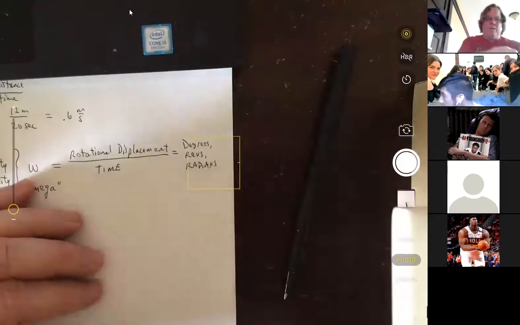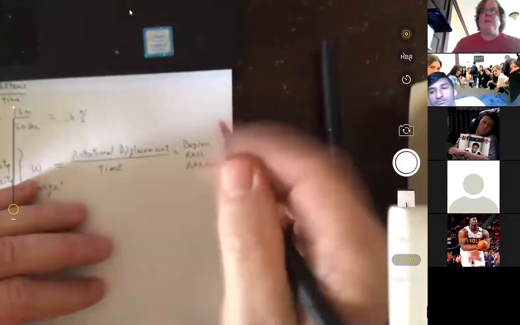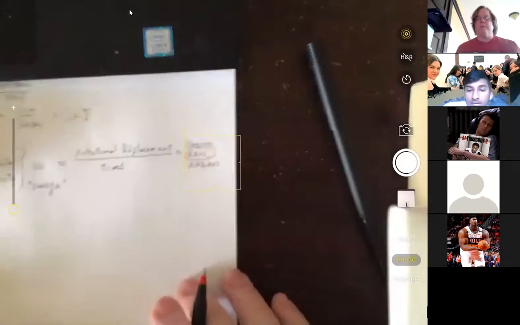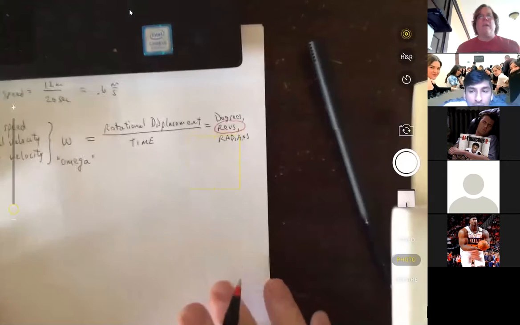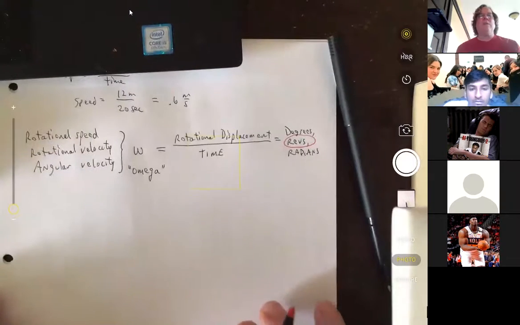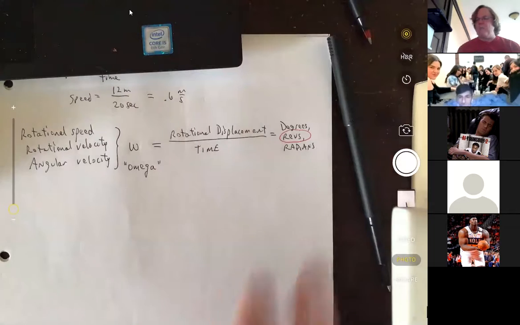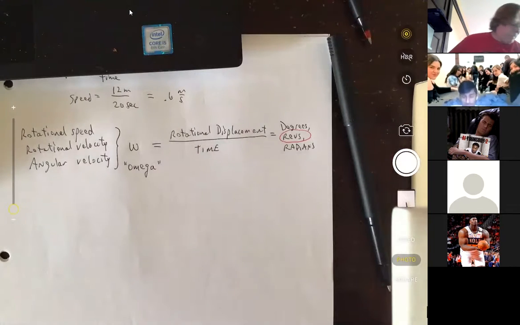But here in robotics land, in engineering land, we're going to deal almost exclusively with revolutions. When we talk about angular velocity or rotational velocity, it's always going to be revolutions per second or revolutions per minute.